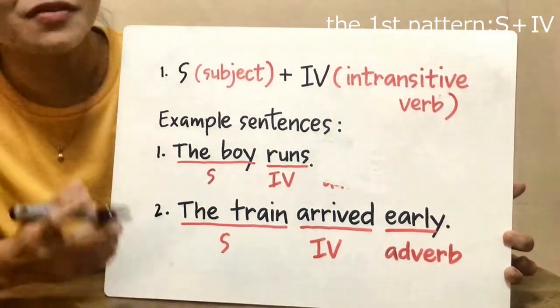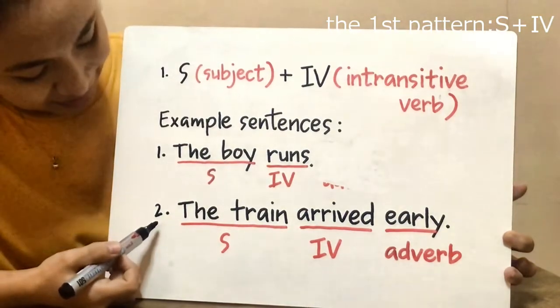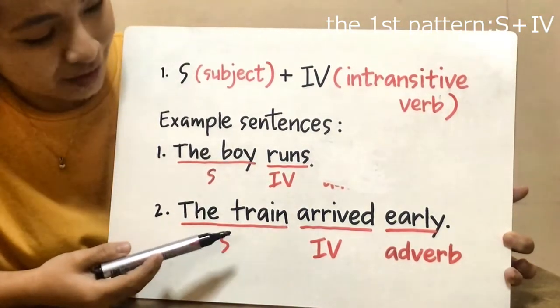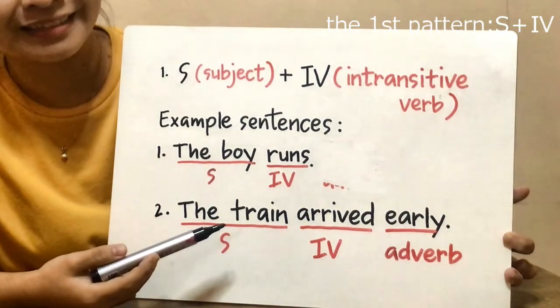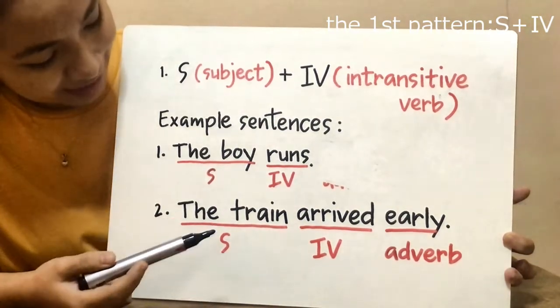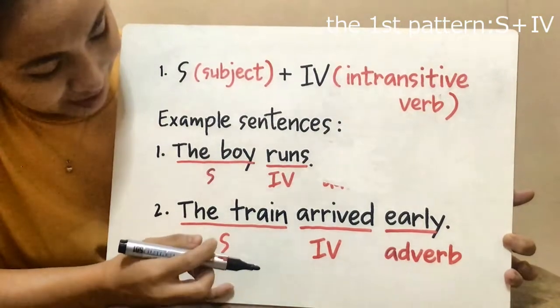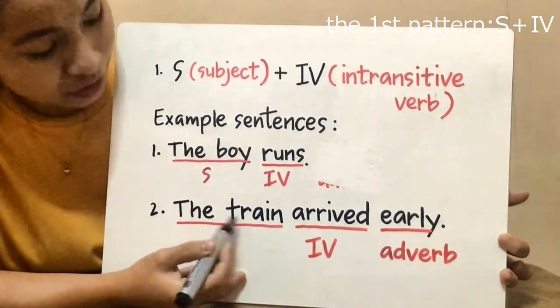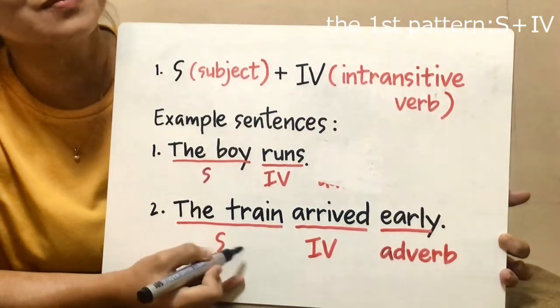The same thing. The second sentence we have here: the train arrived early. Again, I put a red line underneath this phrase. We have here the train, which is your subject.